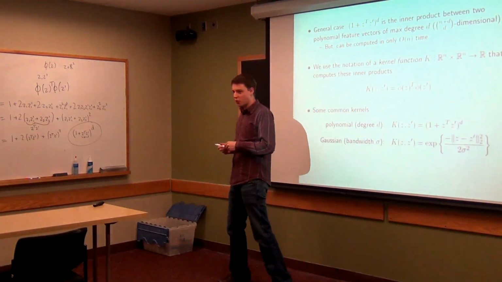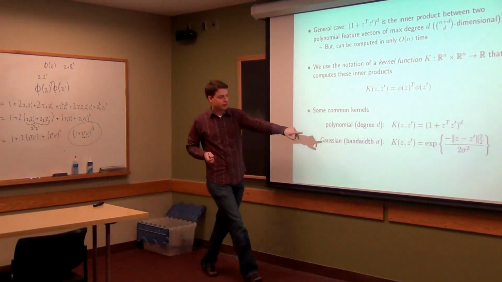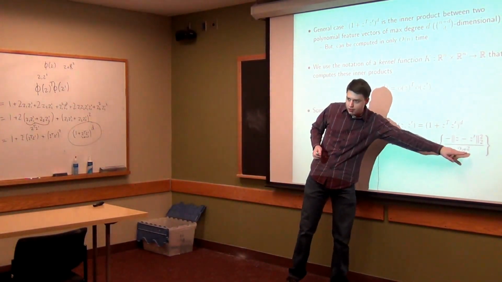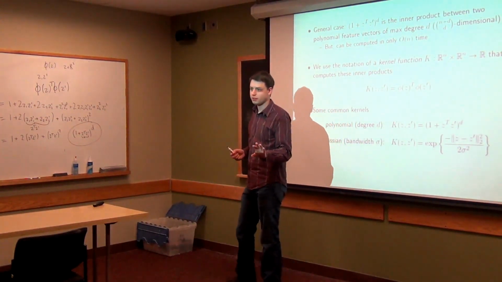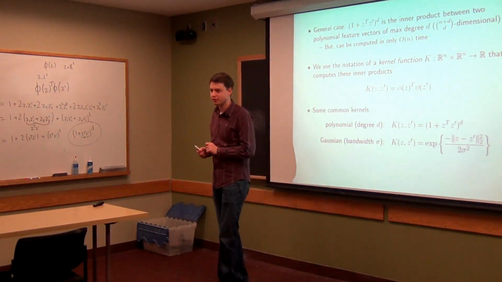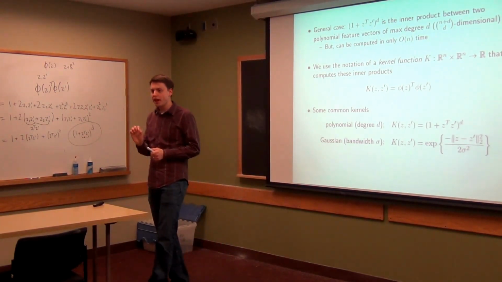It turns out, and we won't prove it here, that this inner product is the inner product of an infinite dimensional feature vector. It's a feature vector of RBFs where you have an RBF center at every single point in your space.